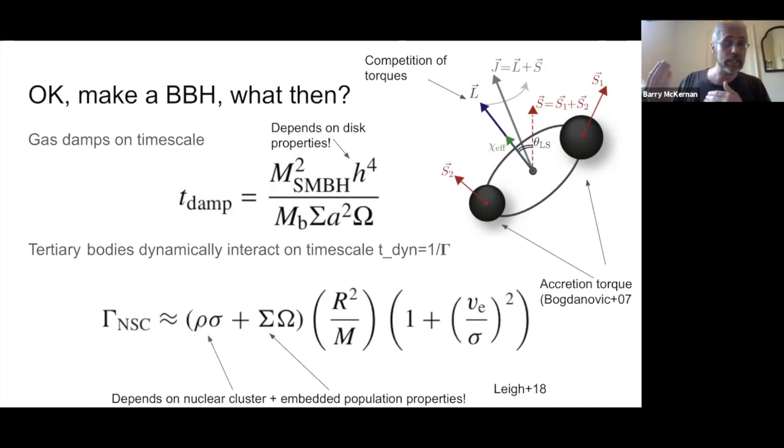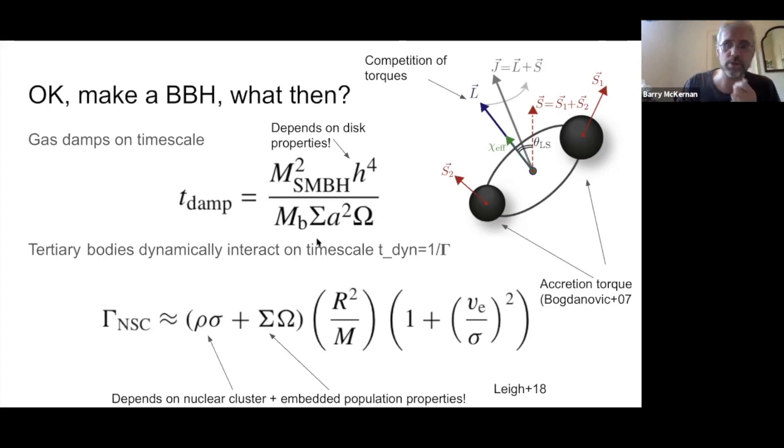They can weakly or strongly dynamically interact and also torque L. So there's this competition between a gas damping process that tries to get things into alignment and this dynamical process that's fairly random and isotropic, trying to kick you away and send you on a random walk.